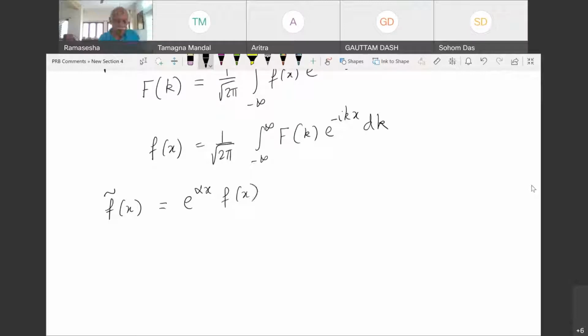So now I want to find out what the Fourier transform of f tilde is, f tilde of k, which is equal to 1 over root 2 pi, integral minus infinity to infinity of f tilde of x e to the ikx dx rather.